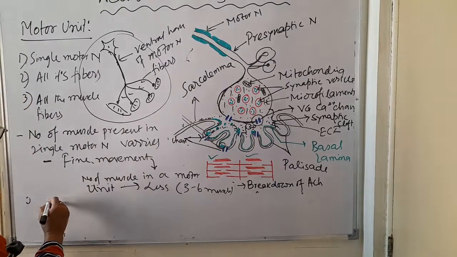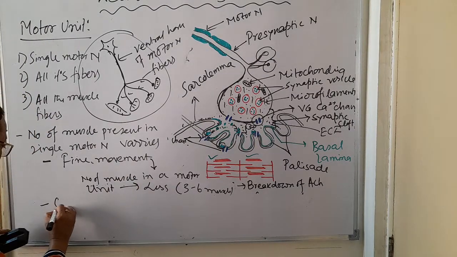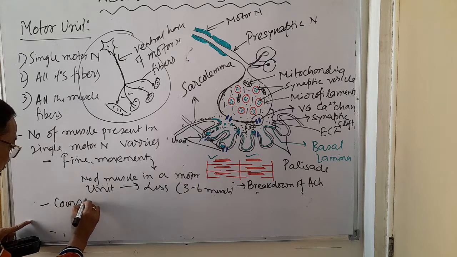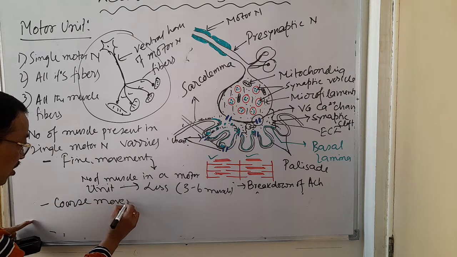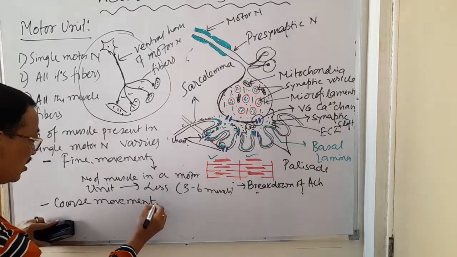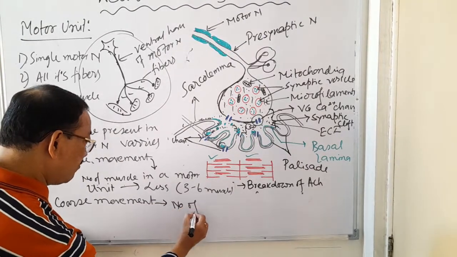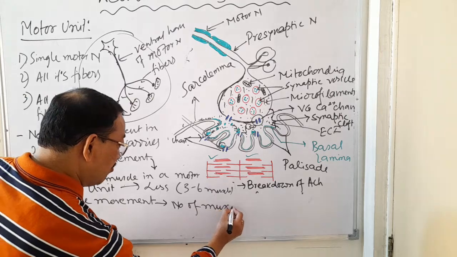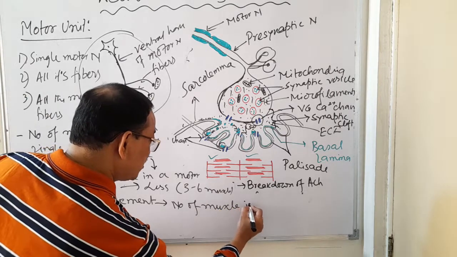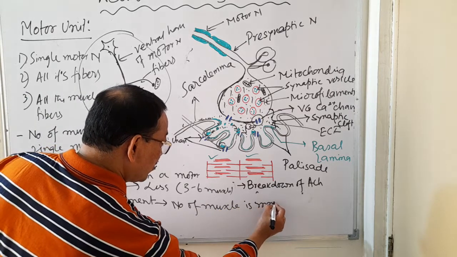But which muscles are responsible for coarse movement? Muscles responsible for coarse movements, the number of muscle fibers in a motor unit is more. How much?